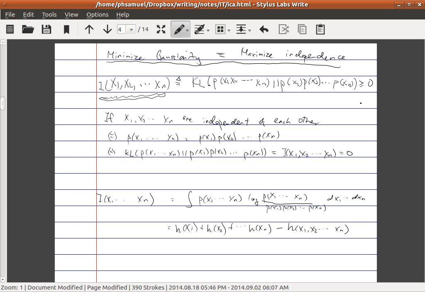That means only when we have independence will this mutual information be equal to 0. Otherwise, it will be bigger than 0. Alternatively, we can expand this KL divergence expression and get H(x1) plus the sum up to H(xn) minus the joint entropy.